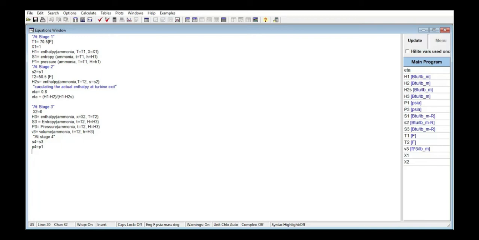Now we have to calculate the temperature at this stage, so we will use these two terms of pressure and entropy. Calculate the temperature as temperature, bracket ammonia, and we will write S is equal to S4 and P is equal to P4.